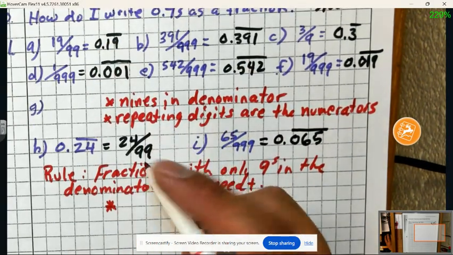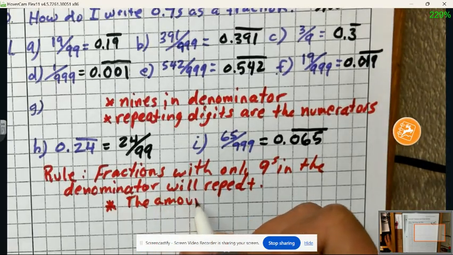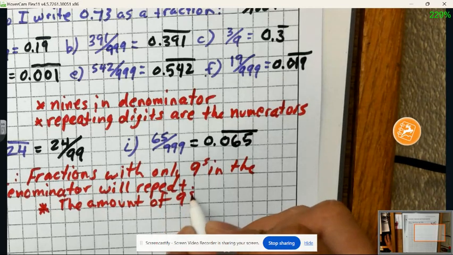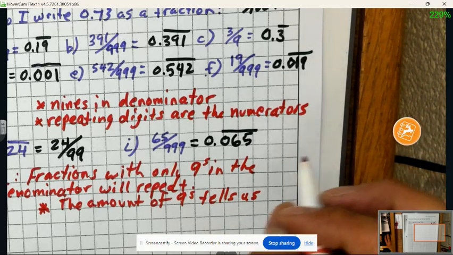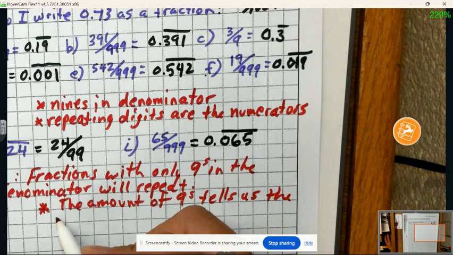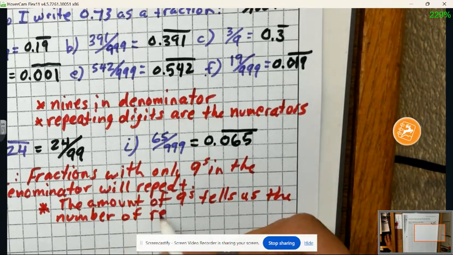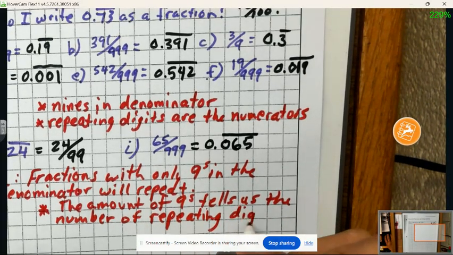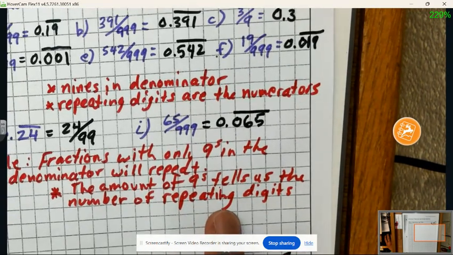All right, so that's the first thing. The amount of 9s tells us the number of repeating digits.